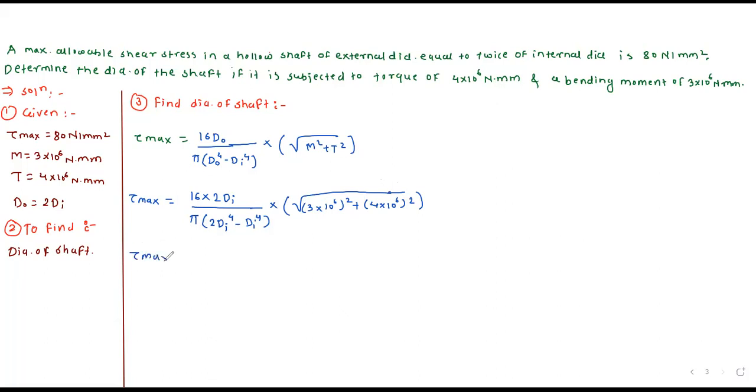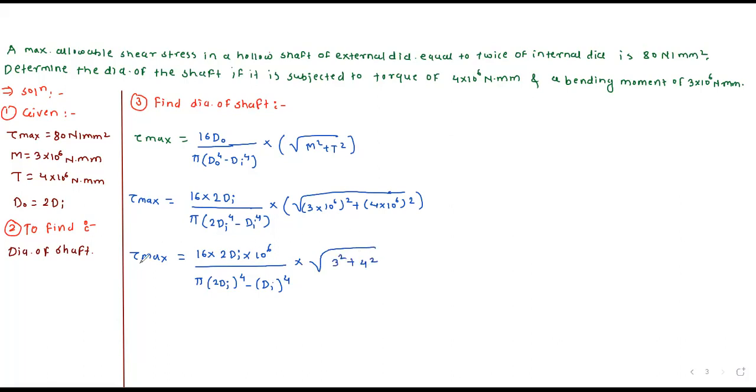So tau max is equal to 16 into 2 Di into 10 raised to 6 divided by pi into 2 Di raised to 4 minus Di raised to 4, into square root of 3 square plus 4 square.